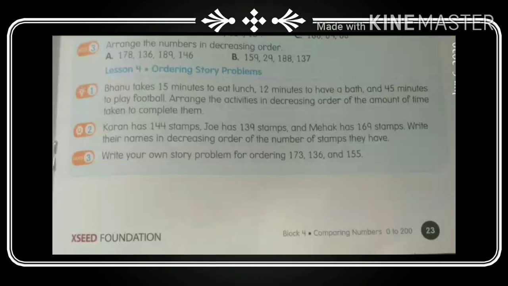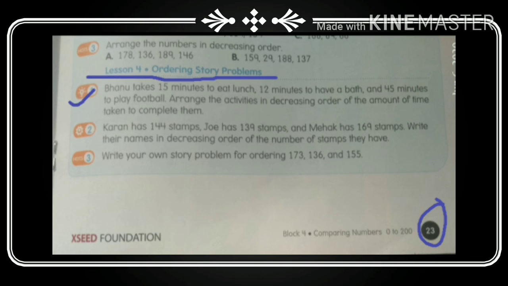Now open page number 23 in the content book, the practice questions page, children. Today our class is about lesson 4, ordering story problems. So go to that part. Here you can see 3 questions. Read the questions and write the answers in the HW book.